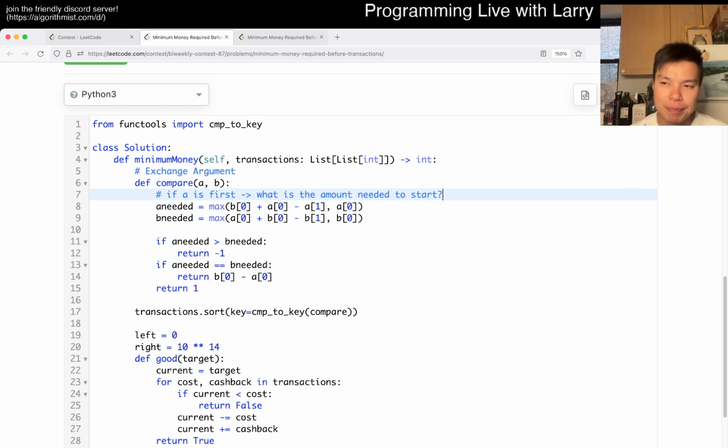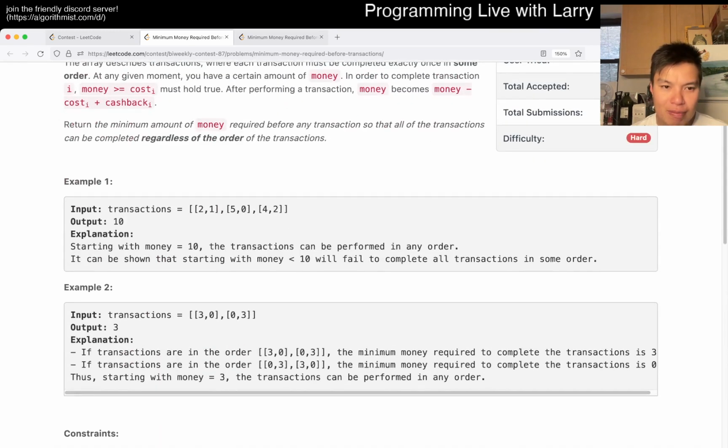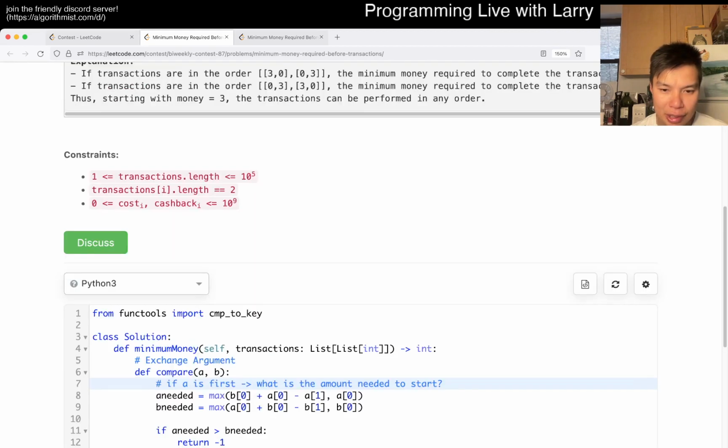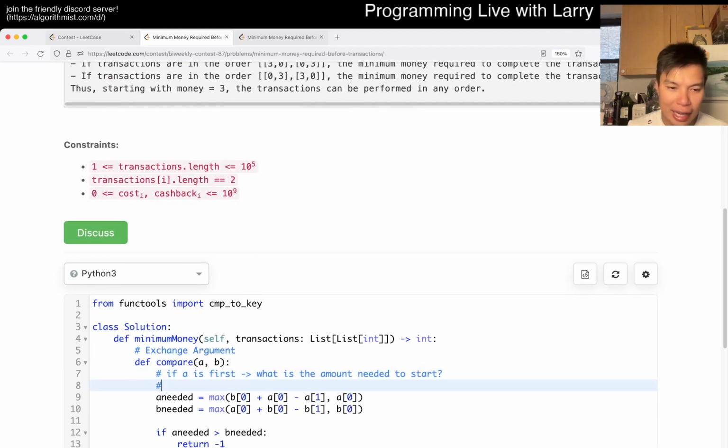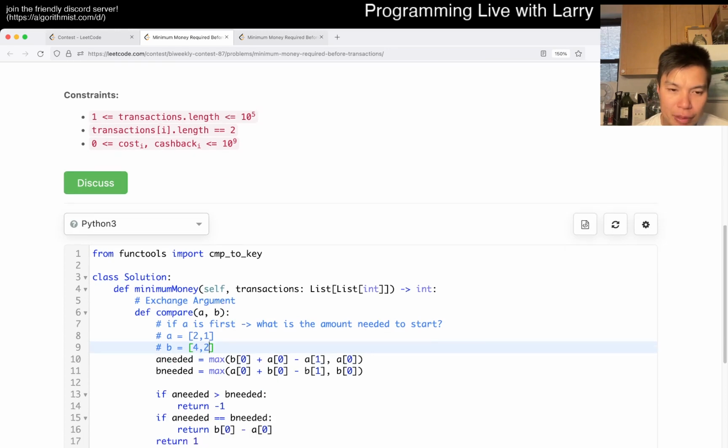I go, okay, let's say I have this case, right? And let's say A is equal to something like this, right? Well, if A is first, how much do we need? Well, then the answer is going to be 3, right?